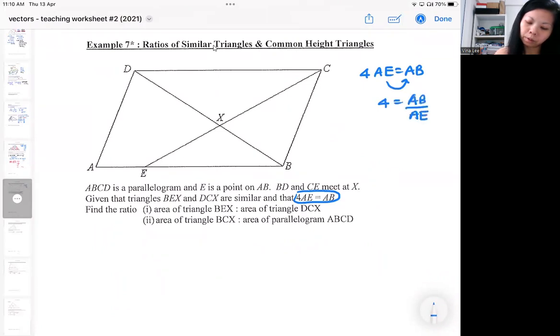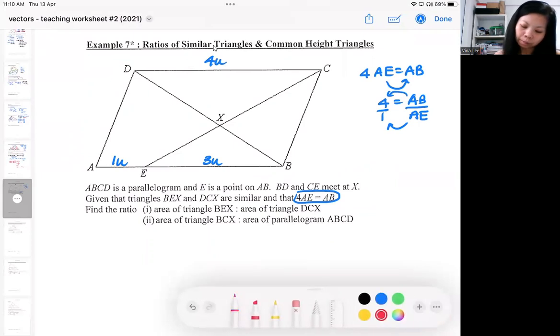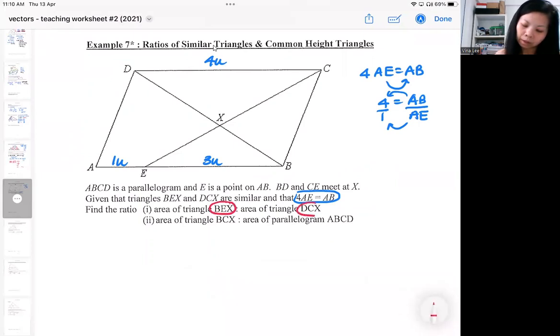So this is 4 units and this is 1 unit. Because this is a parallelogram, I'll get something like this. So the first ratio here, BEX and DCX.